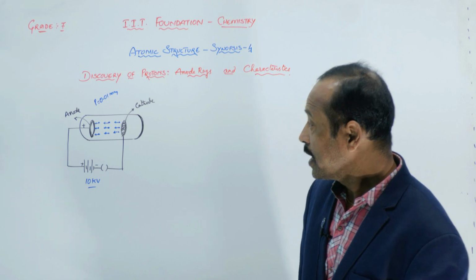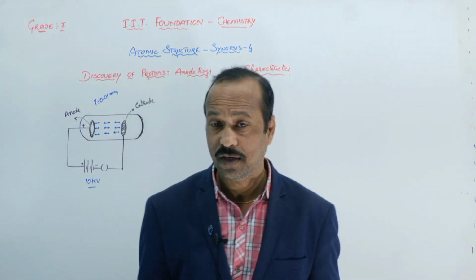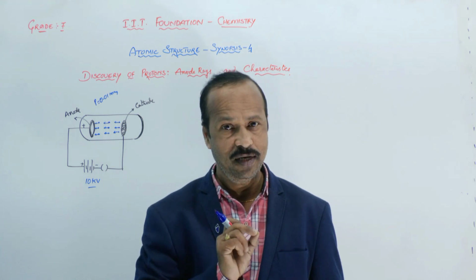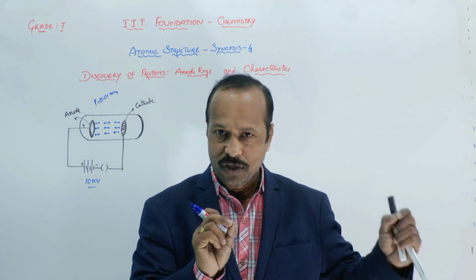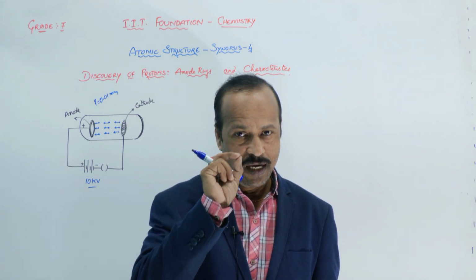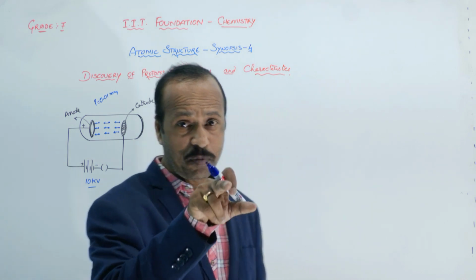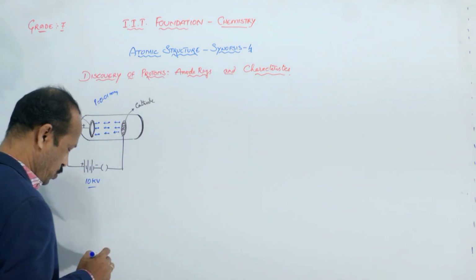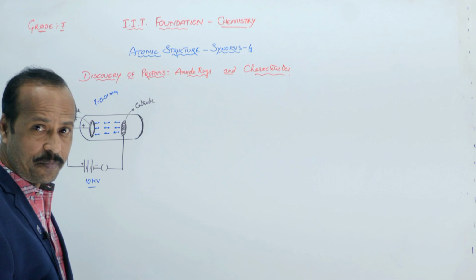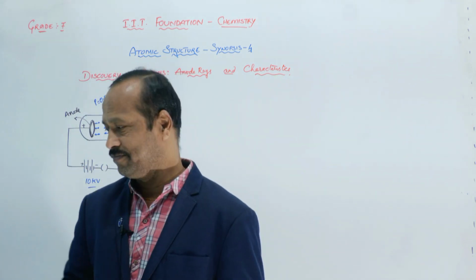Clear? Now, an atom is electrically neutral. If the electrons go away from it, it possesses a positive charge. A positively charged ion is left. Yes or no? These positively charged ions which are left are attracted towards the cathode.